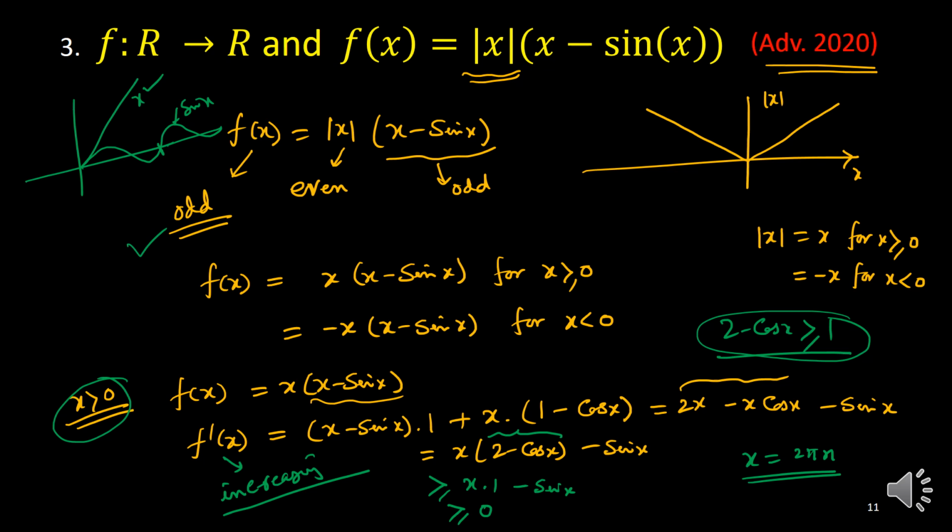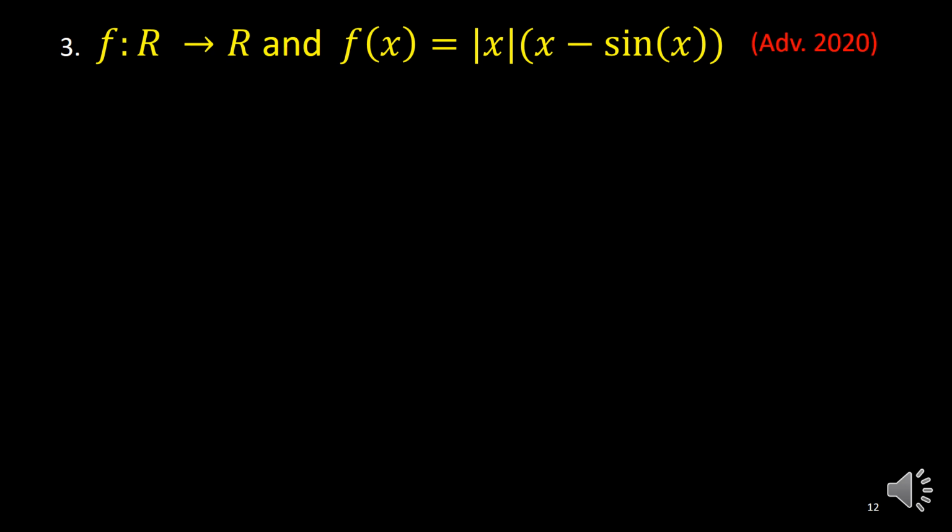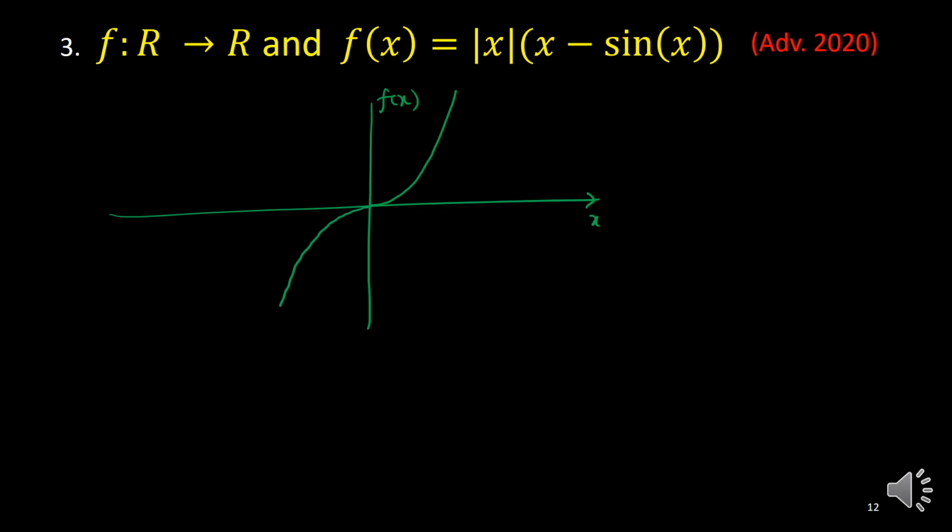If I show this in a plot, this is the x, and suppose it is increasing like this. If it is an odd function, it will look like this. So if it is increasing, this will also be increasing. So the entire function is an increasing function.